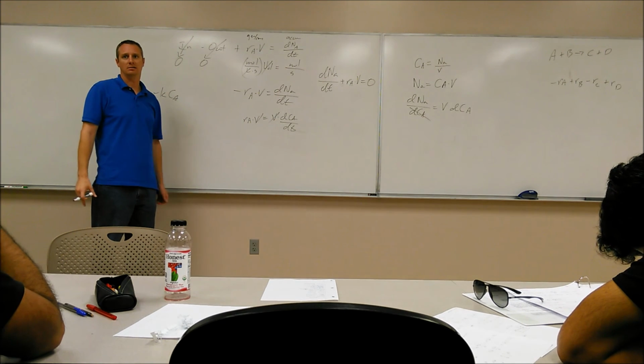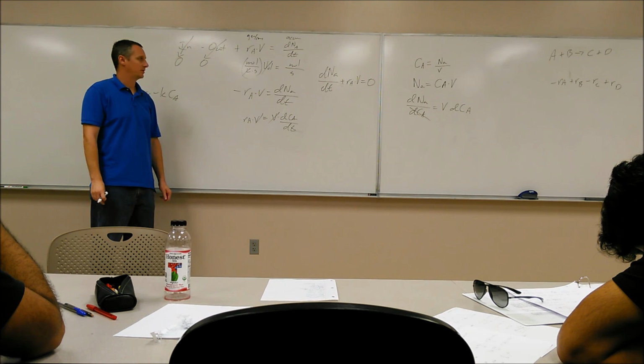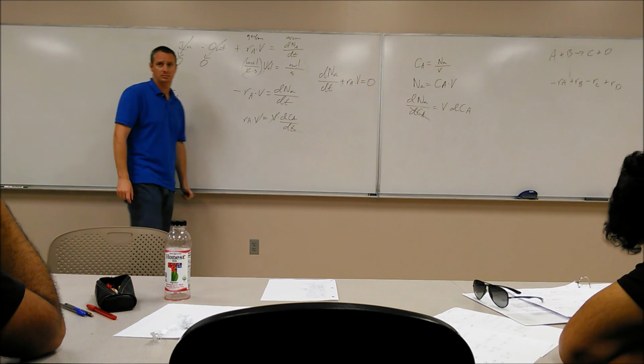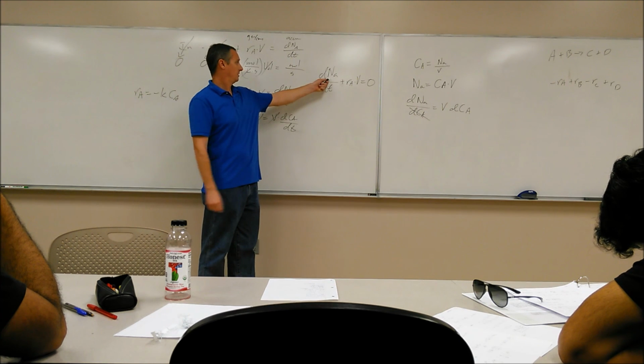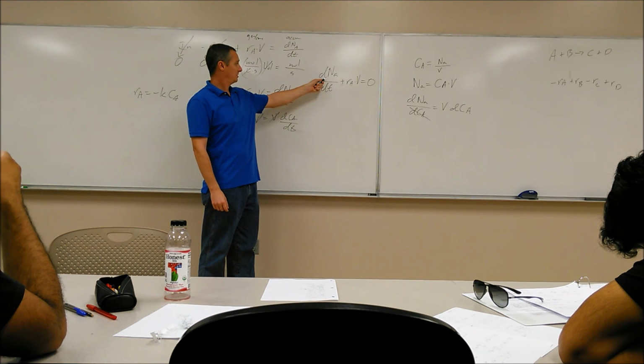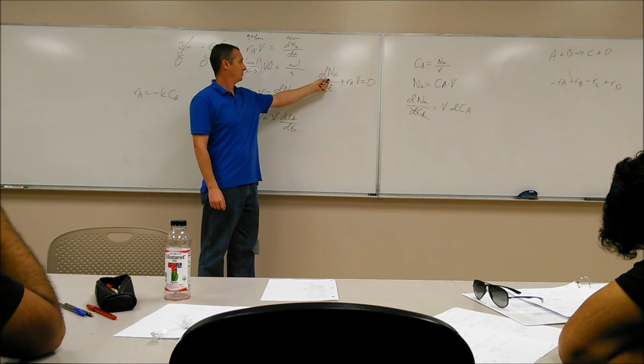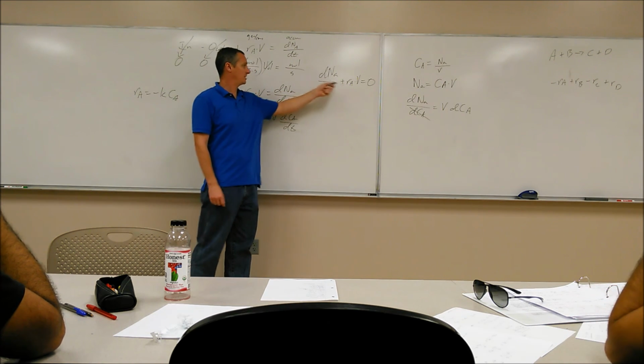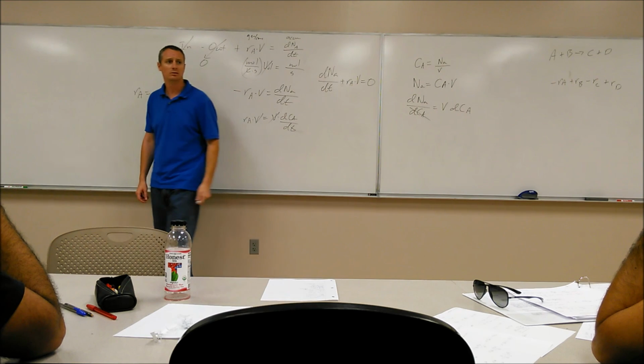What's the sign of that? If we were consuming A, so negative, this is a negative term. That means this term has to be positive, or else it can't equal 0. If that's negative and that's negative, you can't get 0.